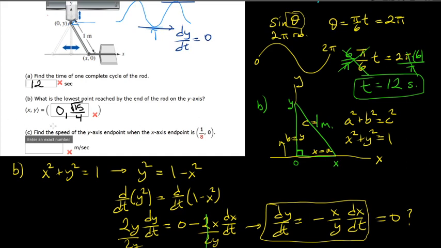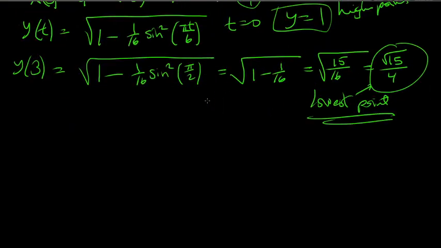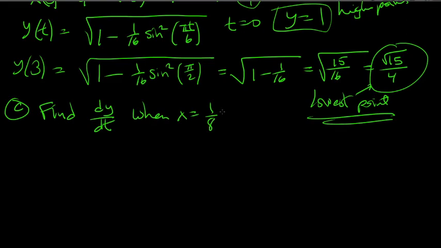And then part C, so this is find the speed of the y-axis endpoint when the x-axis endpoint is 1/8. So when x is 1 over 8, oh boy, so part C, find the velocity for y, so the derivative of y, when x is 1/8.